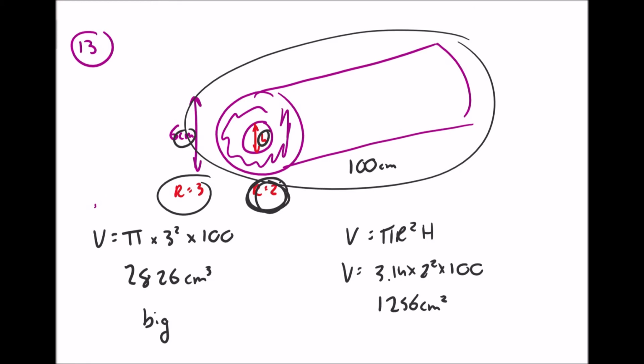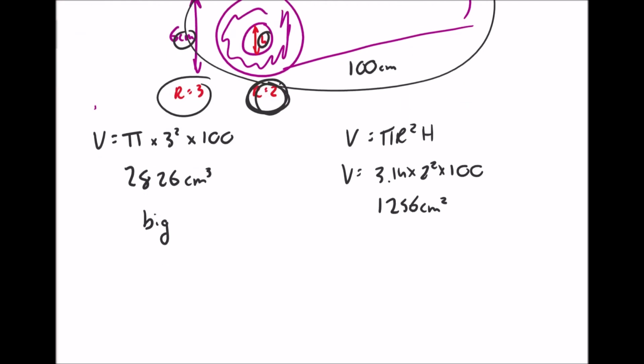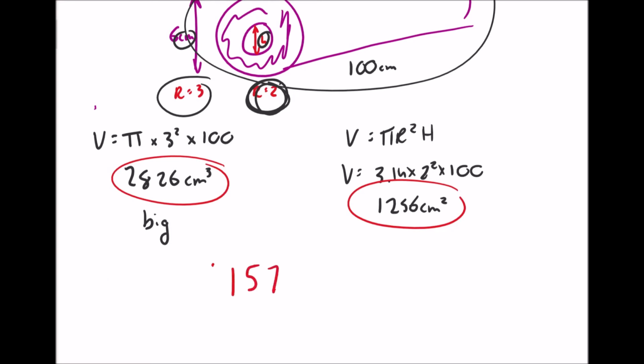Now we're going to minus one from the other, so we're going to minus this from this, and we'll get 1570 centimeters cubed. So that's the first bit done. Okay, that's how many centimeters cubed this pipe is.